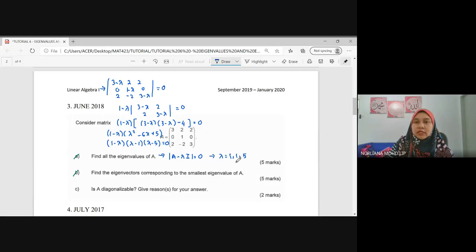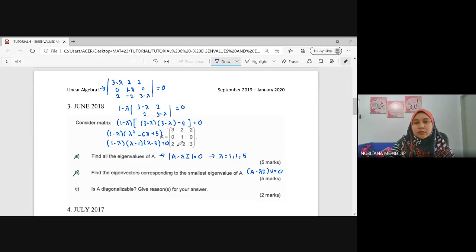Okay, find the eigenvector corresponding to the smallest eigenvalue of A. So the smallest is lambda equal to 1. Substitute for lambda equal to 1 into this. So we have 3 minus 1 is 2. Ini kita gunakan ni lah. A minus lambda I times V equal to 0. We want to find the V lah. V is the eigenvector.